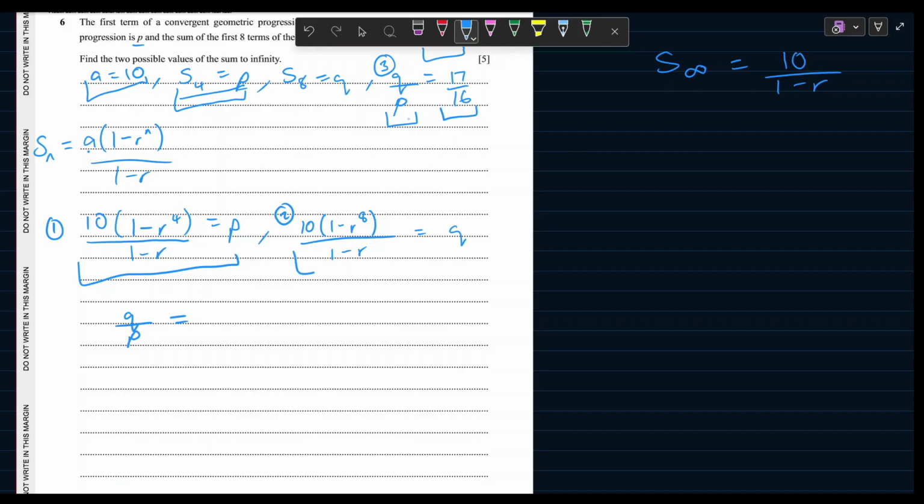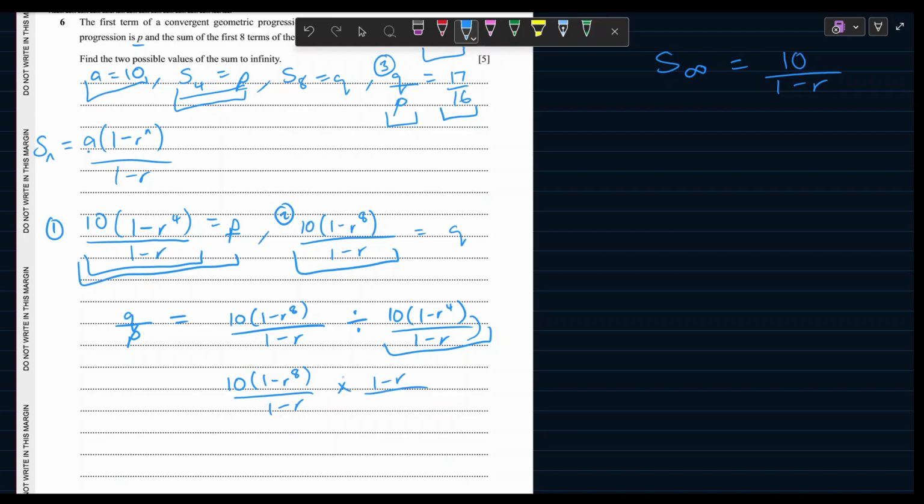So essentially what we could do is to just say Q over P is going to be equal to, Q is this, 10 times 1 minus R to the 8 over 1 minus R, and we're dividing Q by P. P is this expression over here. So I'll just write it like this, divided by 10 times 1 minus R to the 4 over 1 minus R. So we can invert the right hand side so that it becomes 10 times 1 minus R to the 8 over 1 minus R times, so the 1 minus R comes to the top, and this is over 10 times 1 minus R to the 4.